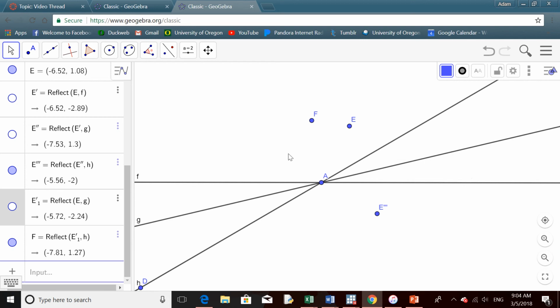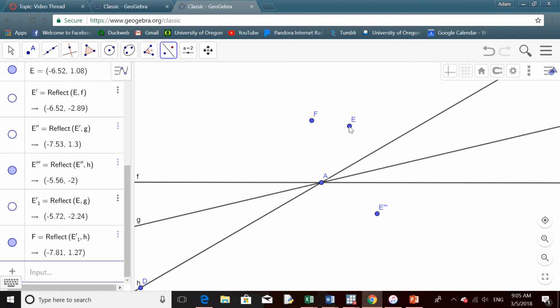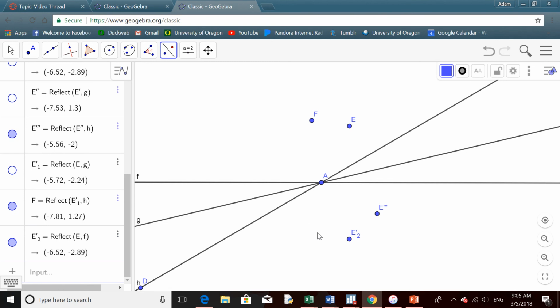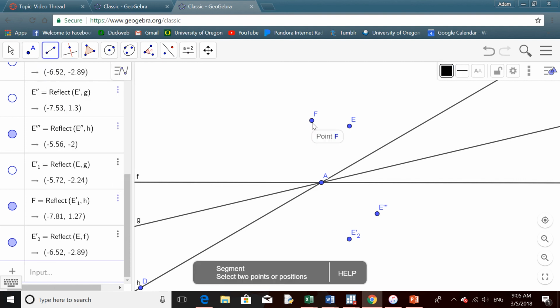And now we know we want another composition of reflections, reflection of J of reflection of F, that also maps to F. What we're going to have to do for that is we're going to map E first across F, reflect across F, we get E2 prime, and then we need a line for which we can reflect E2 prime across, and it will equal F. Just as we did in the last problem, we're going to go ahead and segmentize that.